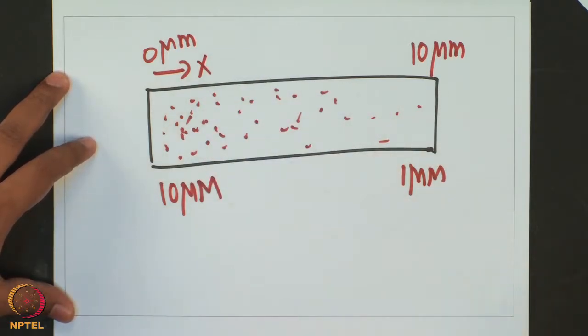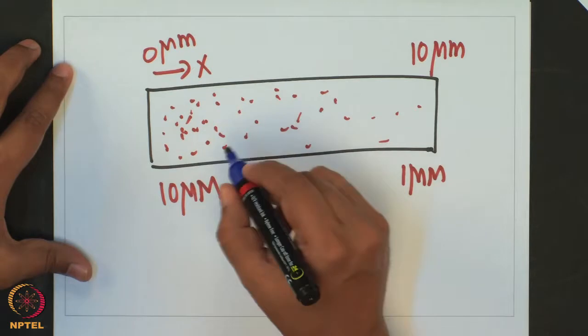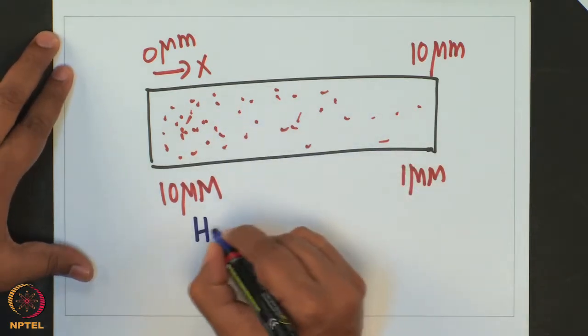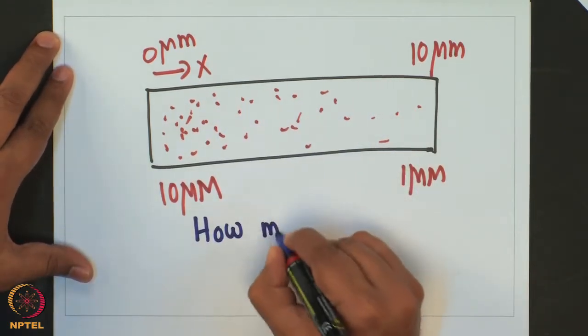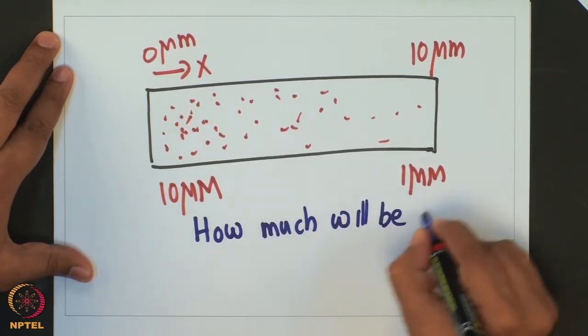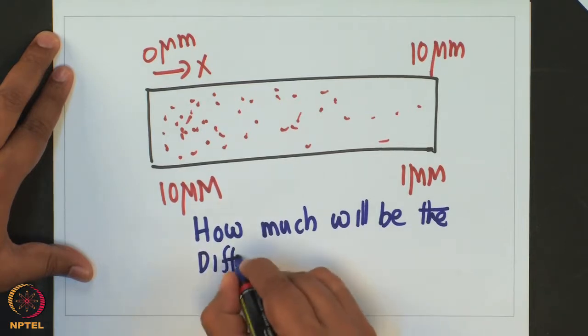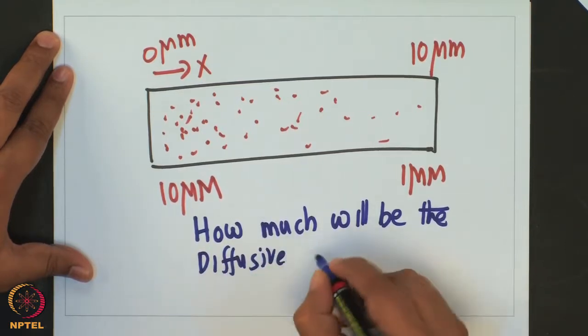the concentration changes, and the question we have to ask is, how much will be the diffusive flow, or a current, in this case?